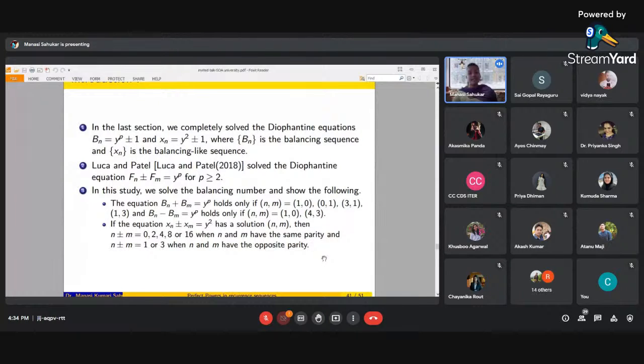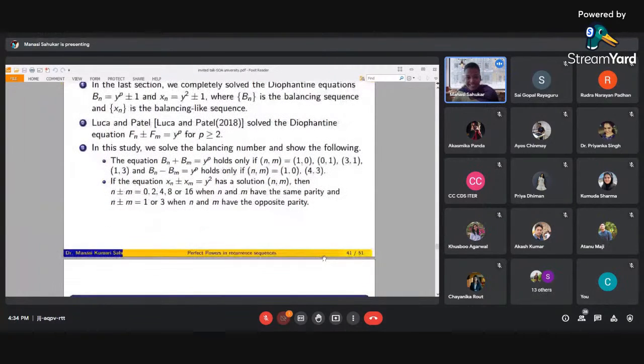They proved results on the Diophantine equation Fn plus or minus Fm equal to y to the power p, and found some non-trivial solutions from there. So we have just generalized it using the balancing sequence, and we have found some solutions.